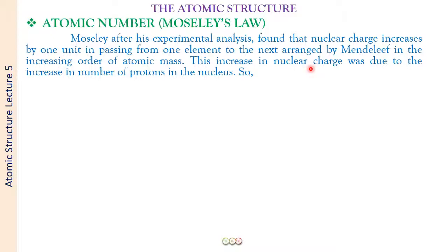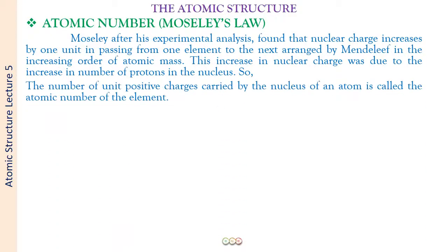And this increase in nuclear charge was due to what? Yes, it was due to the increase in the number of protons in the nucleus. So, the number of positive charges carried by the nucleus of an atom is called the atomic number of the element. And hence, we can define the atomic number in many ways.